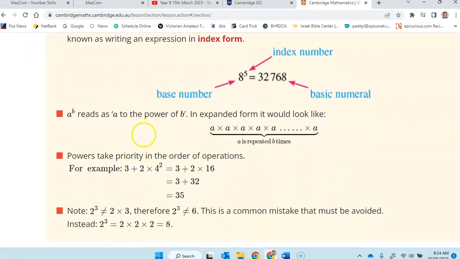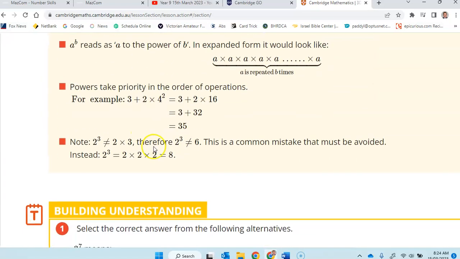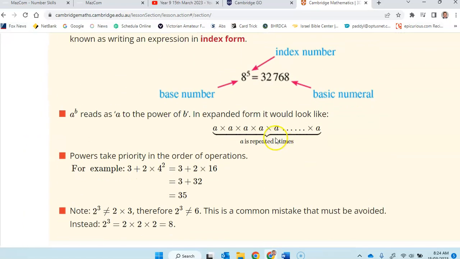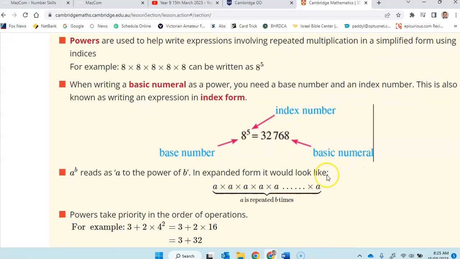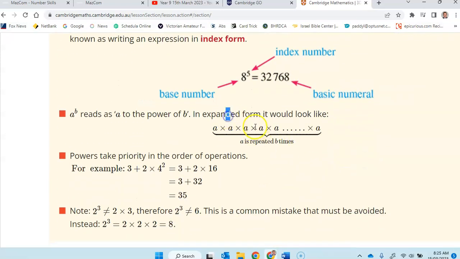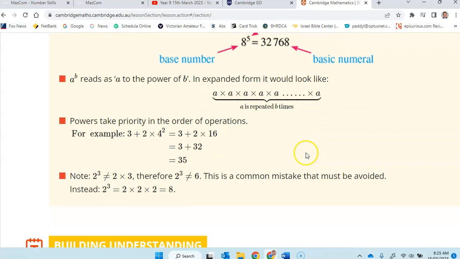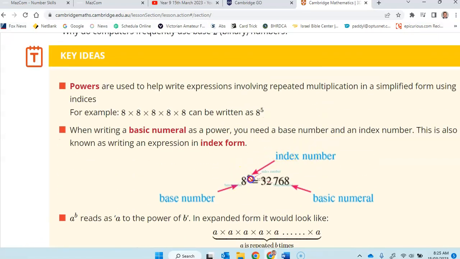So expanded form is here, and then index form. We need to know the base number, the index notation, and the basic numeral, which is the answer. This is expanded form here, and index form is this one here, 8 to the 5th.